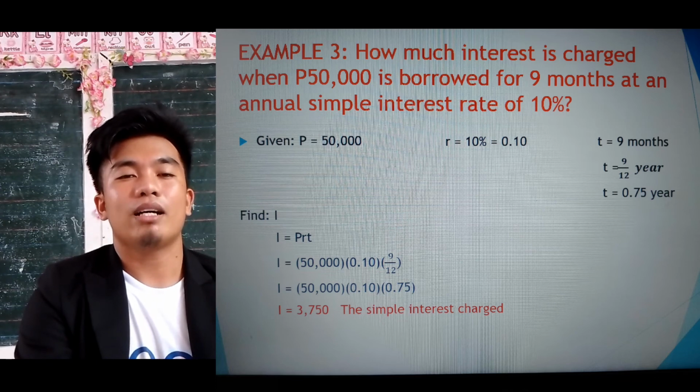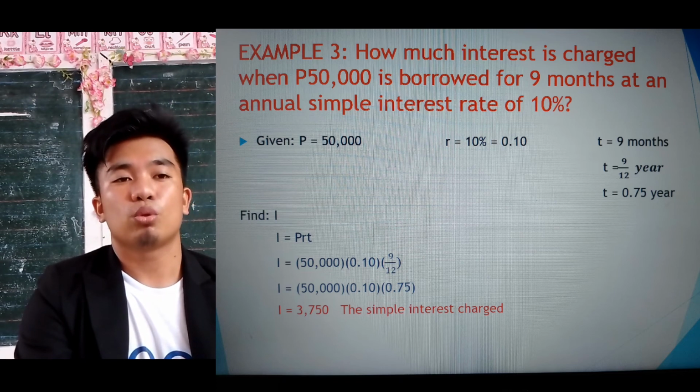As I said a while ago for the formula, if we are talking about the time, we convert into months and divide by 12. Now our principal is 50,000 times our rate 0.10 times our year 9 over 12.